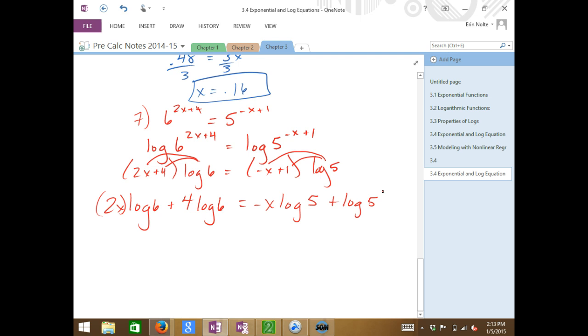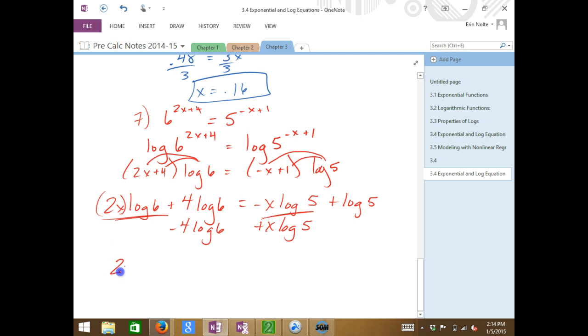Now the idea is I want to get all of my x's on the left-hand side, and everything else that doesn't have an x onto the right-hand side. You see the two pieces with the x? I'm going to add the x log of 5 to the left-hand side, and subtract my 4 logs of 6 from the other side.